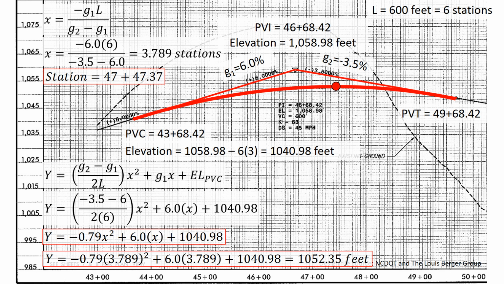That's the elevation of our high point. So our high point occurs at station 47 plus 47.37 at an elevation of 1052.35 feet. And the curve is described by our parabolic equation y equals negative 0.79x squared plus 6x plus 1040.98.